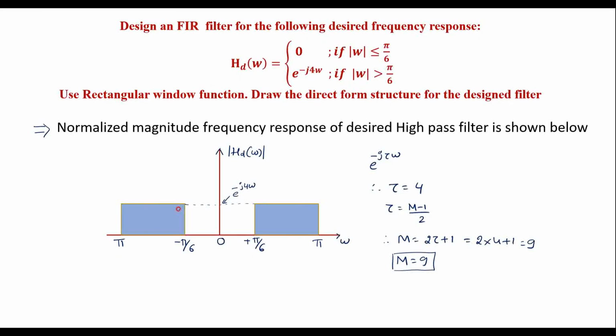So the first step is, now we are supposed to calculate the desired unit impulse response HD of n.